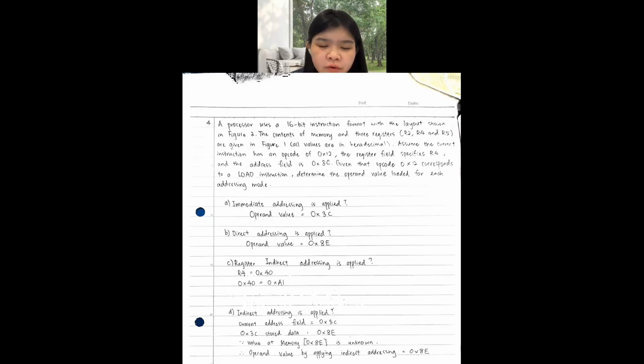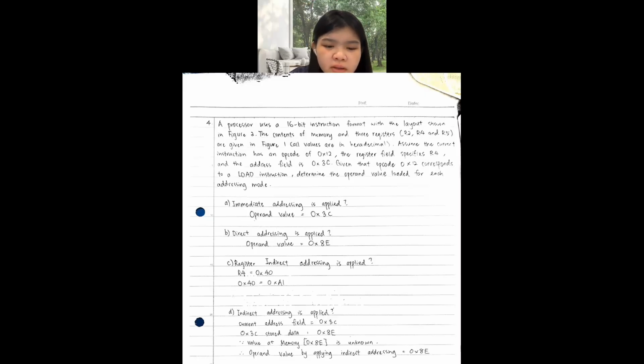And after that, we go for part B. In the indirect addressing, address field 0x3c points to a memory location which itself contains another address, and that second address points to the actual data. So the address field 0x3c points to memory location 0x3c, which is equal to 0x8e.